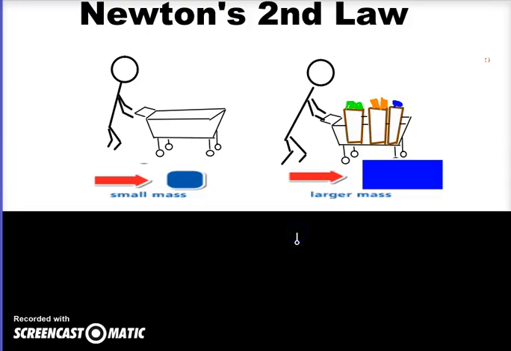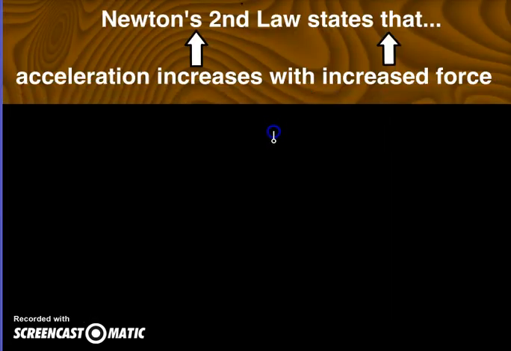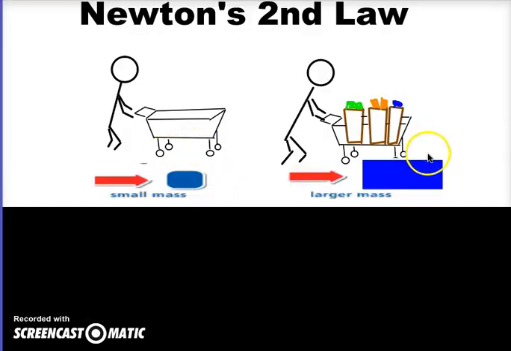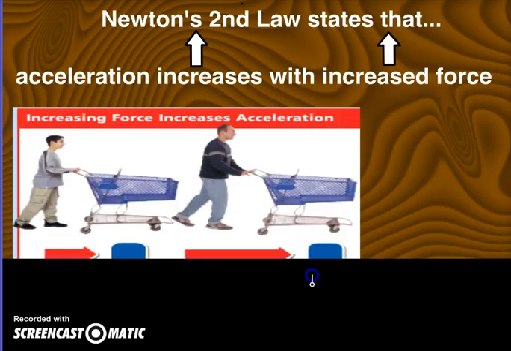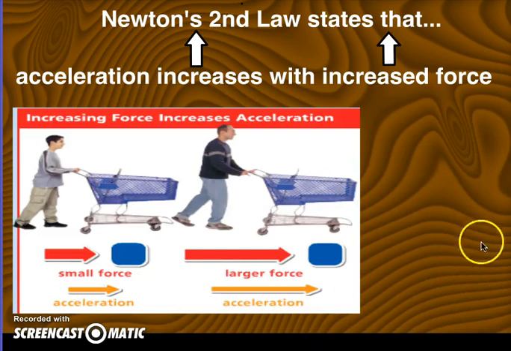Let's consider these 2 objects. You have an object with a larger mass because it's full of stuff versus an object with a smaller mass. Newton said that an object will increase its acceleration if you have increased force. Coming back to this, we're going to hold on this example for just a second, considering the 2 different masses, and we're going to consider an object that has different amounts of force acting on it.